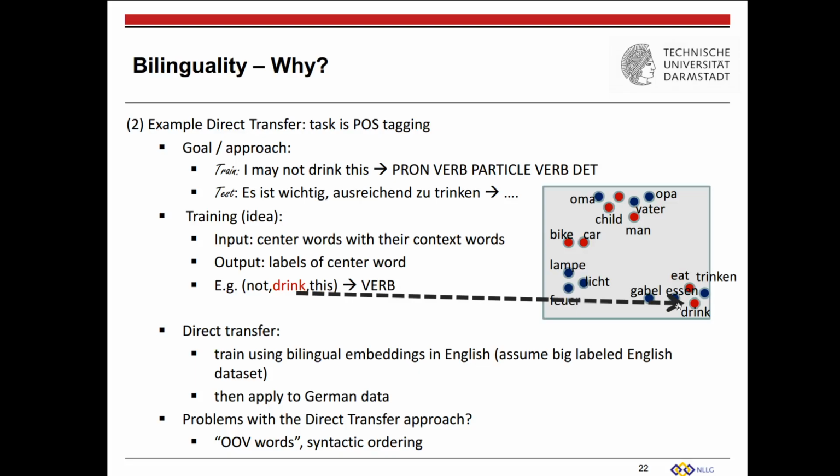And this has the potential to again confuse the classifier, and therefore you would also expect a performance drop when applying this classifier to another language. But still, in general, you could assume that the drop is not very dramatic, depending on the quality of the bilingual vector space and depending on the similarity of the languages.